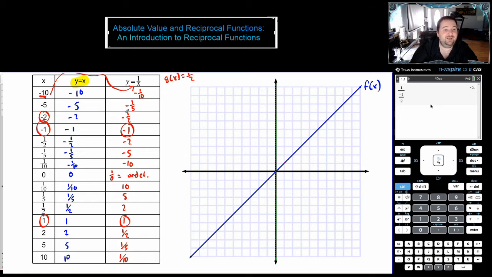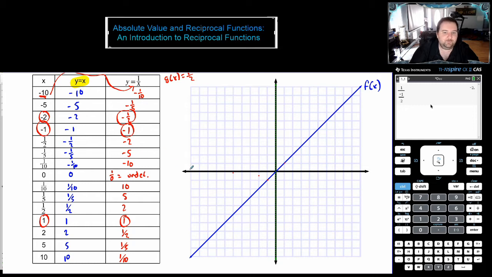When x is -2, y is -1/2. Okay, let's try -5 and -1/5. So -2, 3, 4, 5, and -1/5 is going to be something like that. So I can kind of see as my x is getting smaller, I seem to be approaching 0.